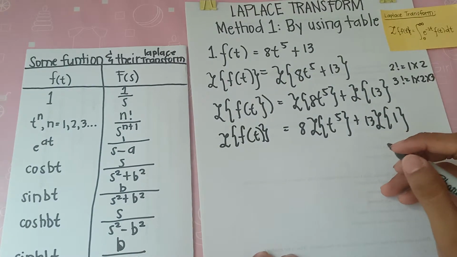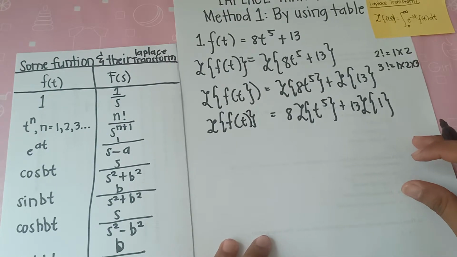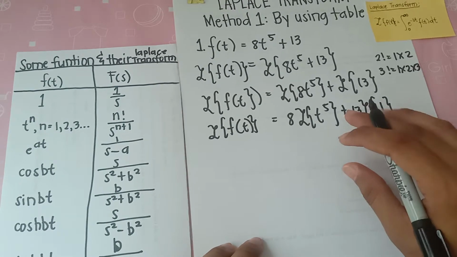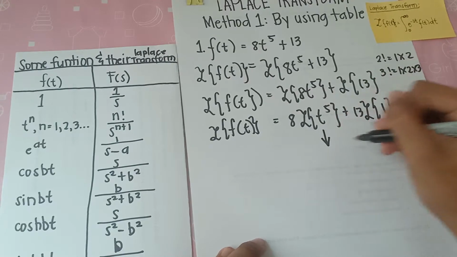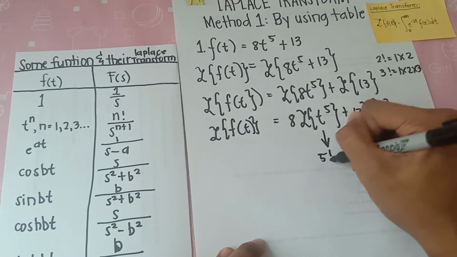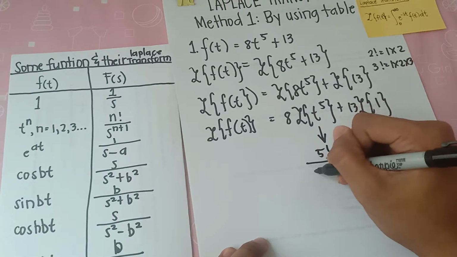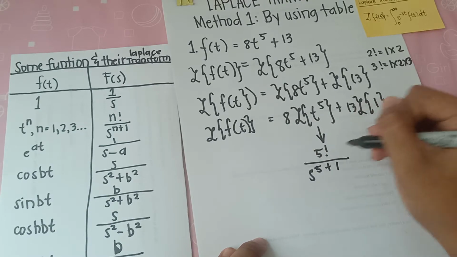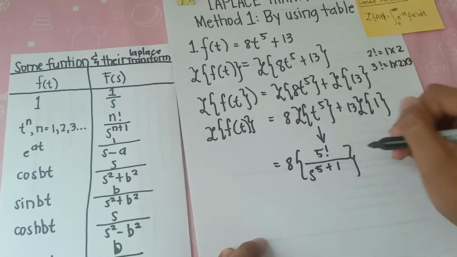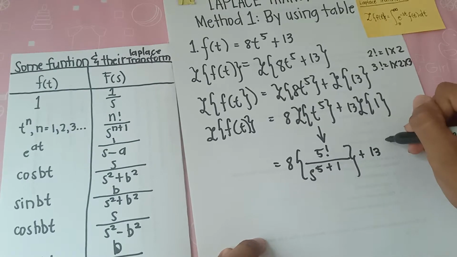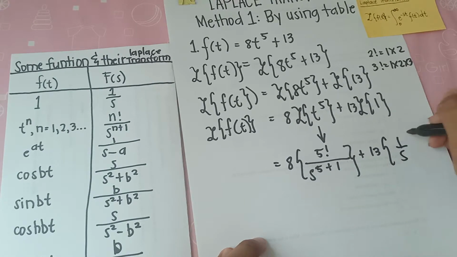Okay, so the next step is to simplify. t to the 5 is equivalent to 5 factorial all over s to the 5 plus 1, multiplied by 8, plus 13 multiplied by 1 over s.